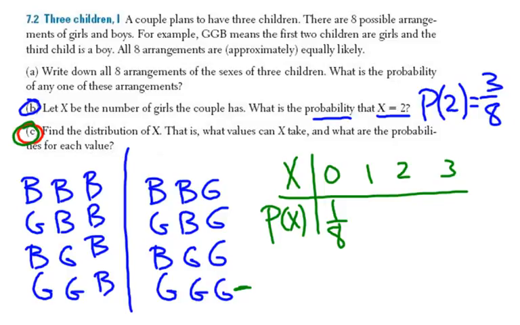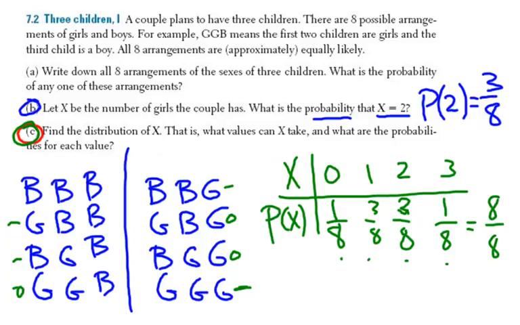One daughter I could get here, here, and here, so there's 3 out of 8. There's 1, 2, 3 ways to get 2 daughters, and there's only one way to get 3. And I can verify that this is a proper probability model by adding up all these probabilities and seeing that they add up to 1.